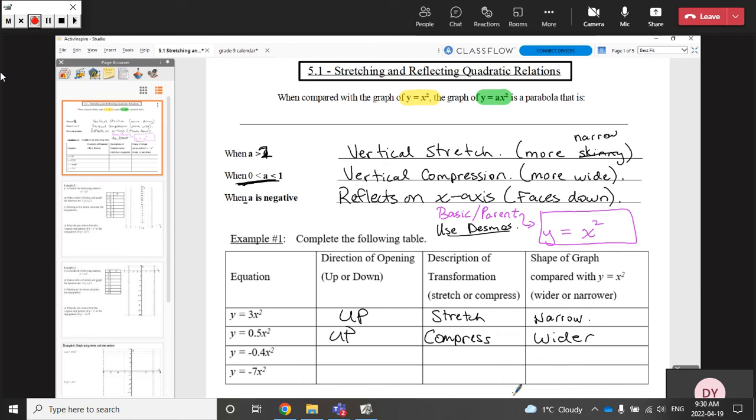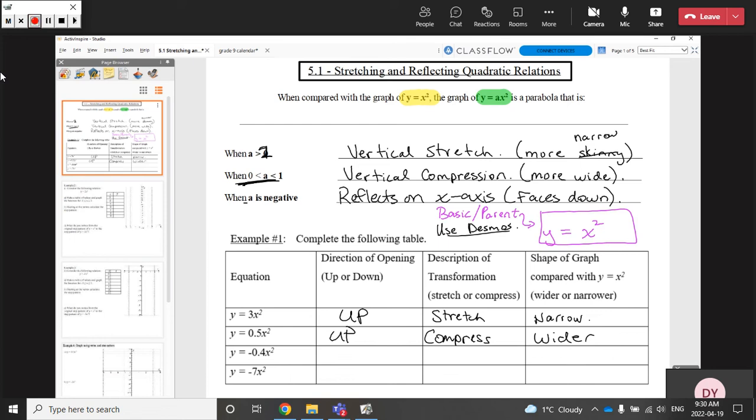Now, when we're talking about the a value here, this a value is just the number. I know you might say, okay, this is negative 0.4, and it truly is. But when it comes to transformations, you have to separate the negative from the 0.4 just for a moment.